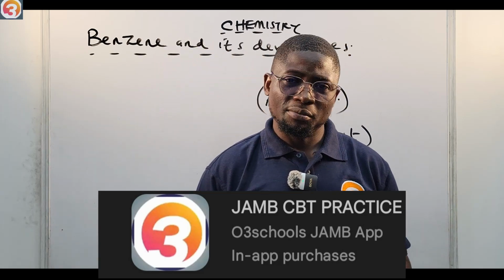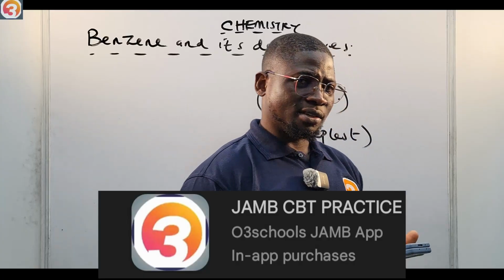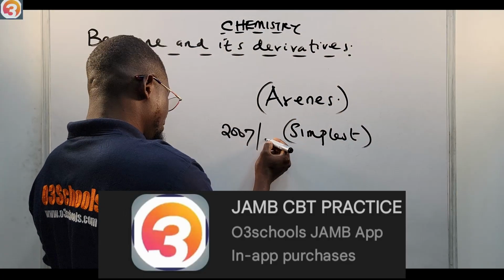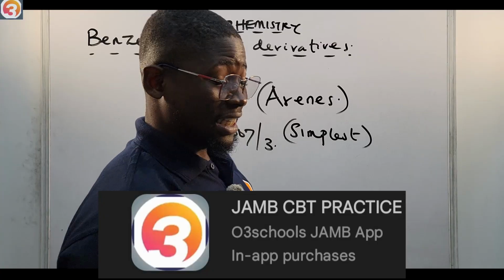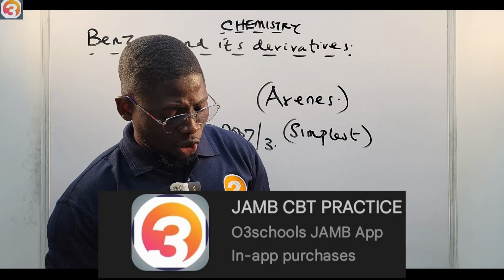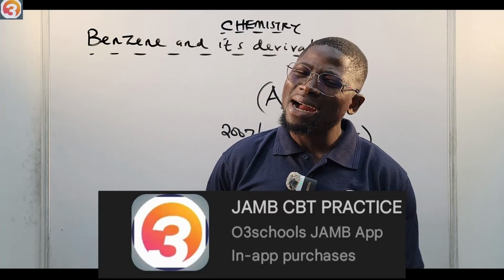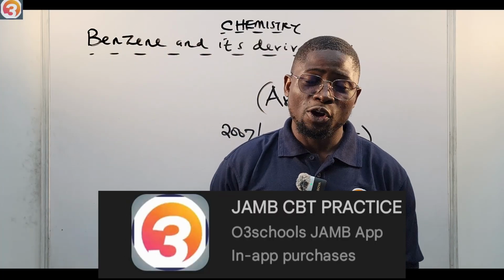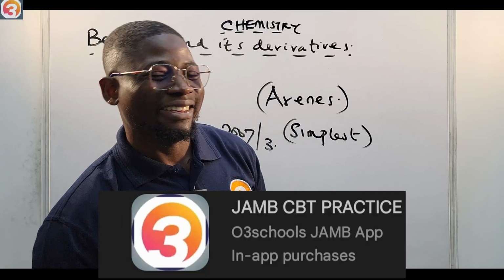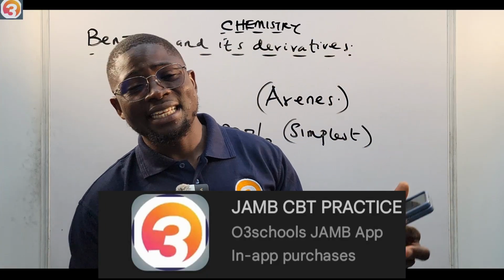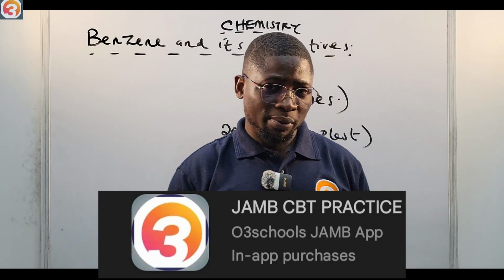Let us see a question from the application. This is a past Jamb question, a 2007 question, number 3, being displayed on the screen right now. It says: which of the following represents an aromatic compound? Remember that benzene and all their derivatives are aromatic. They are not aliphatic, like the alkanes, alkenes, and the alkynes. So please take note of that.